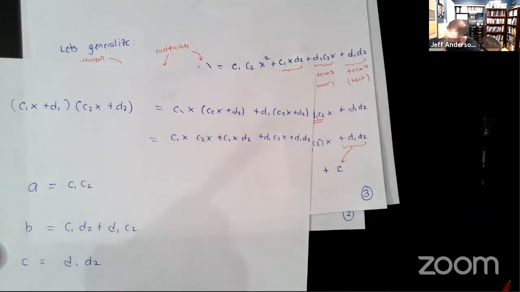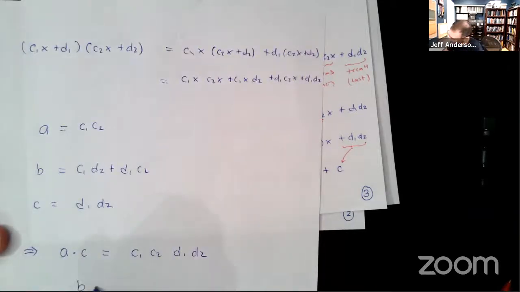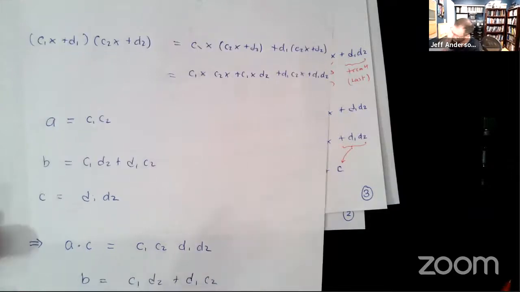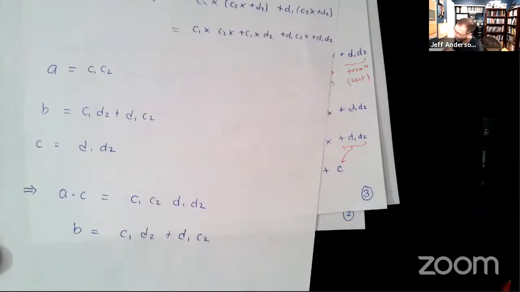A times C is equal to C1 C2 D1 D2, right? And B is equal to C1 D2 plus D1 C2. Well, check that out.